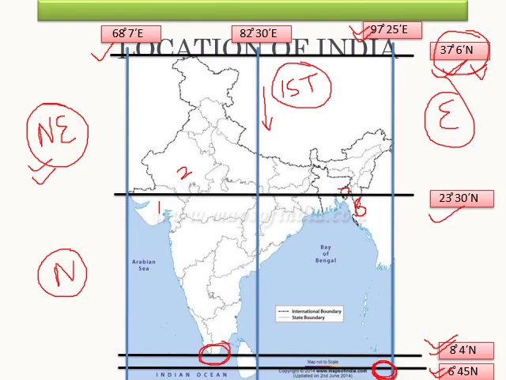The degree of this line is 82 degree 30 minutes east, and it passes through Uttar Pradesh. In Uttar Pradesh, it passes through a small town of Mirzapur, which is located in Allahabad district, and it is a very important line as it determines the time zone of India.